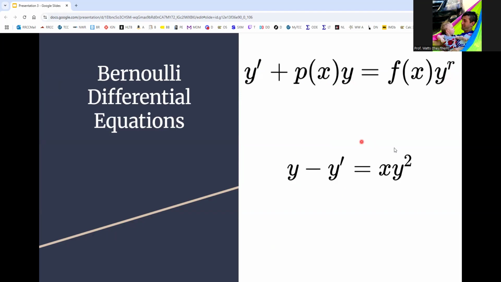So here's an example of a specific Bernoulli differential equation. In this case, p of x is -1, f of x is x, and r is 2. So it is good to identify p, f, and r when you are working through this. It'll help with following the methodology.